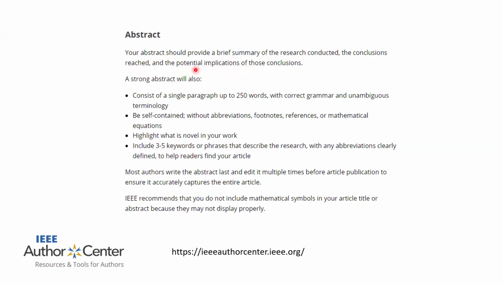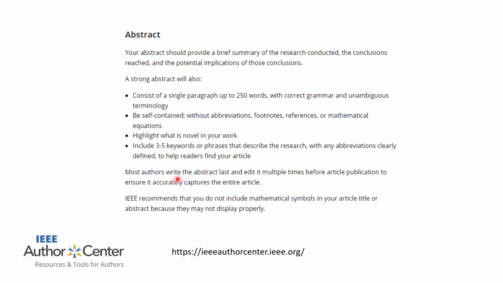So three sections put together. A strong abstract will consist of a single page up to 250 words, with correct grammar and unambiguous terminology. Be self-contained, without abbreviations, footnotes, references, or mathematical equations. Highlight what is novel in your work. Include 3 to 4, or 5 keywords.